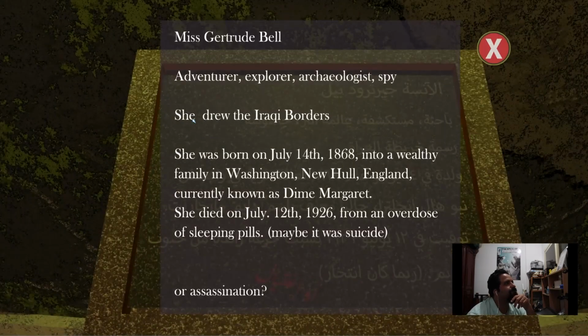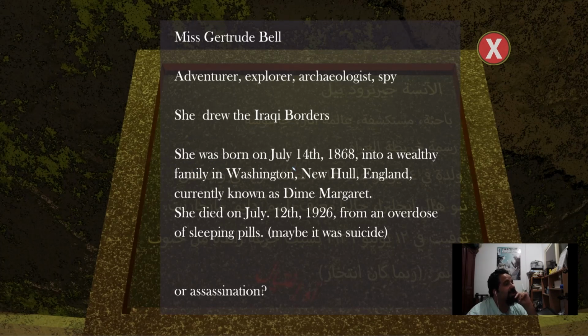So anyhow, Miss Gertrude Bell: adventurer, explorer, archaeologist, spy. Many actually, if not all, most archaeologists at the time were working for their own governments, because they have very good knowledge of the region and the area, the language and the people and the culture, of course, which helped colonization significantly. She drew the Iraqi borders.